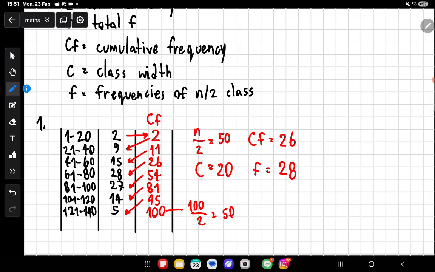Now, why it's 26 and 28 in the first place is because 54 is the number closest to n over 2. Because n over 2 is 50, this is 54, and these two numbers are closer to each other than it's closer to 81 or any other number on our table.